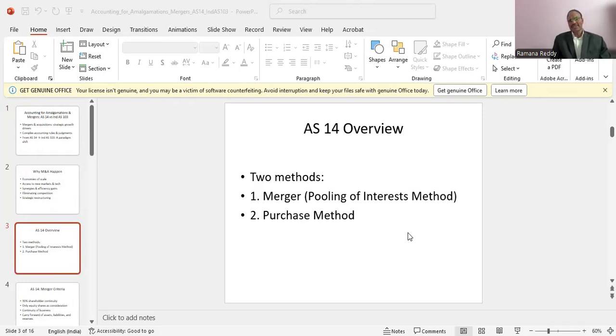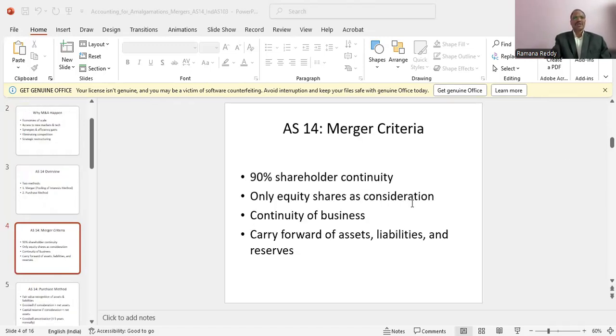This method applies when all assets and liabilities of the transferor are taken over by the transferee company, and shareholders holding at least 90% of the face value of equity shares of the transferor company become shareholders of the transferee company.